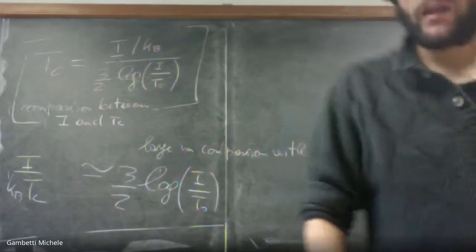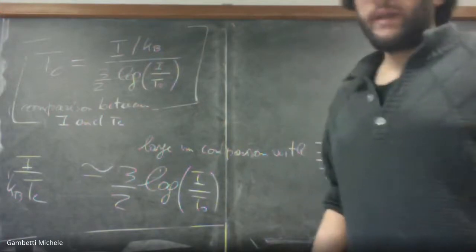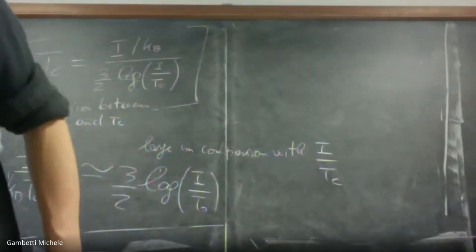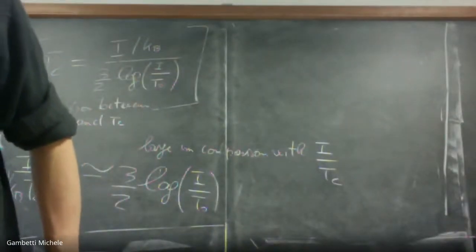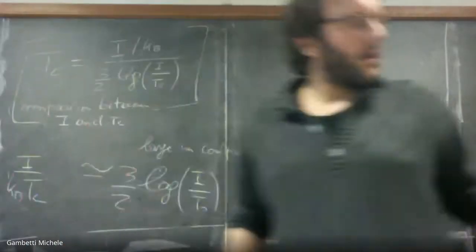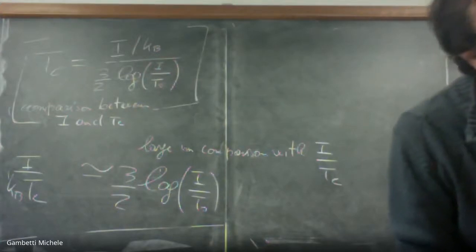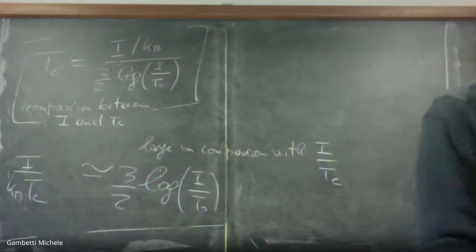Okay, so this long calculation was just to show that when you do statistical mechanics and you ask yourself questions about, for instance, chemical equilibrium, you can also get some interesting information on the kinetics.